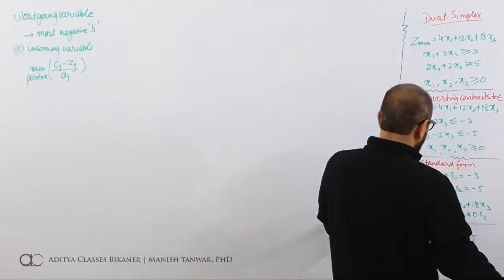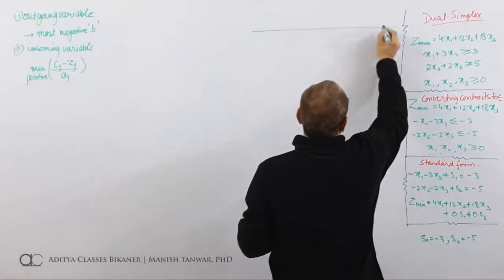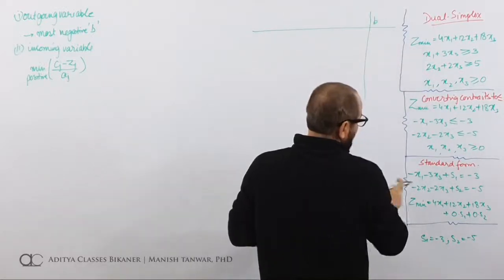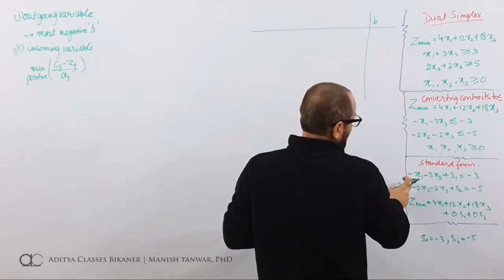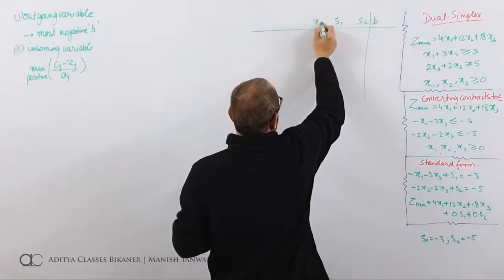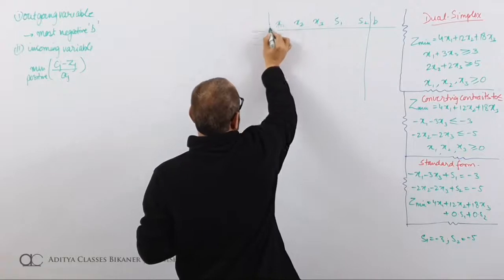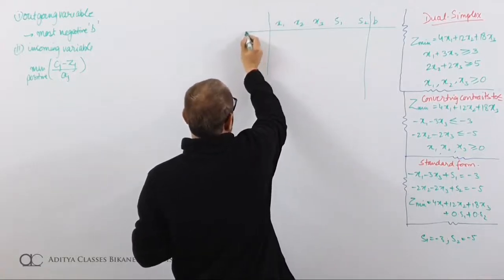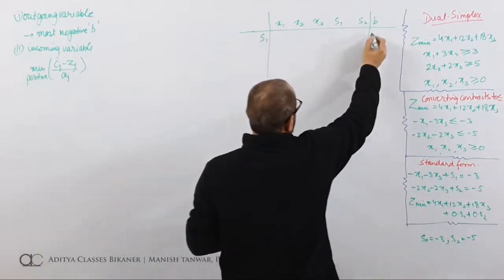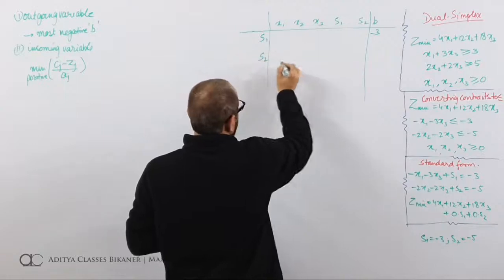Now let us go ahead and solve this. If we prepare our simplex table, we see that we have B, S1 and S2, then S1, S2, X3, X2, X1, with S1 equal to minus 3 and S2 equal to minus 5.